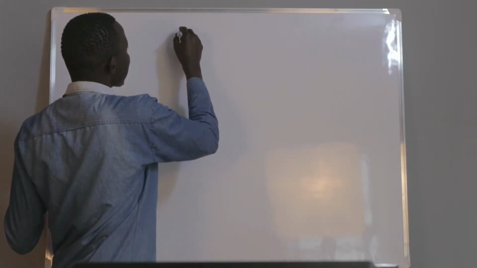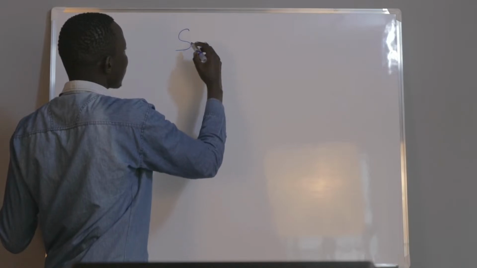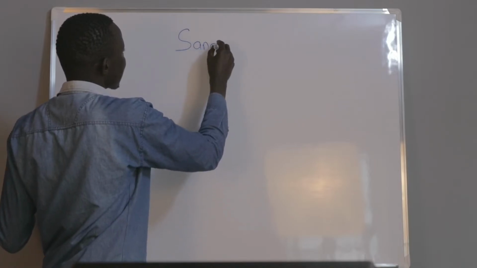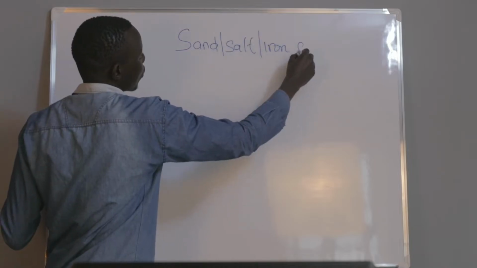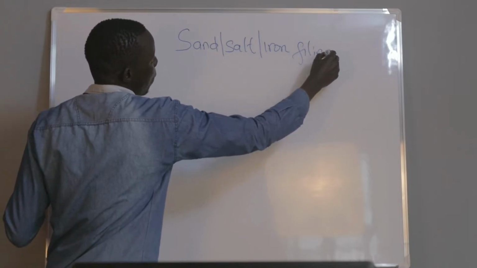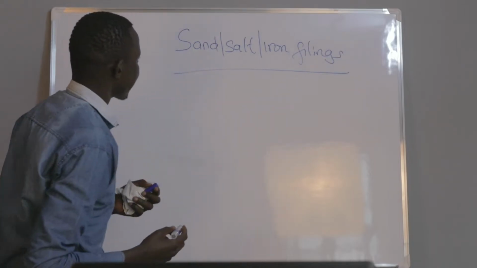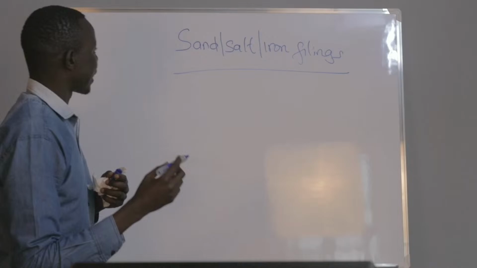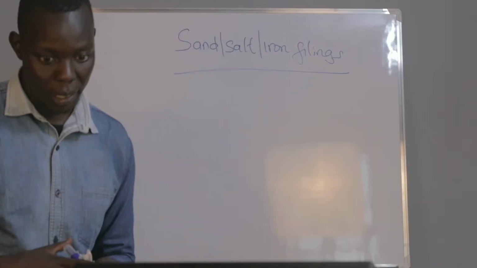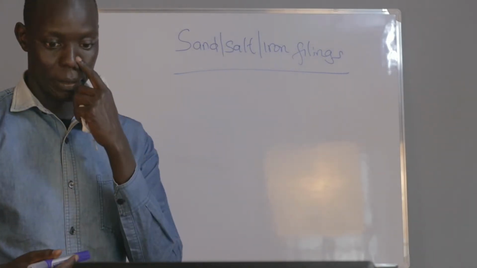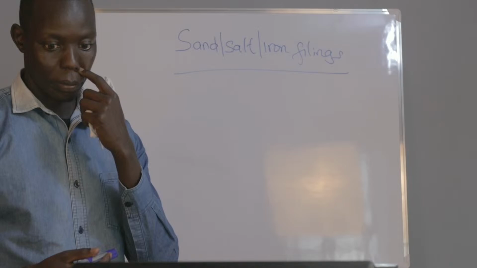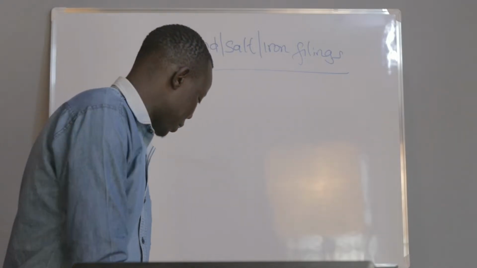A mixture of sand, and the three can be separated. How can we go about it?